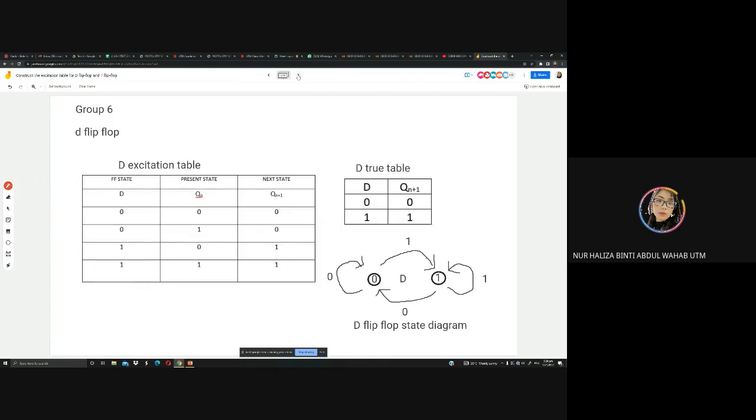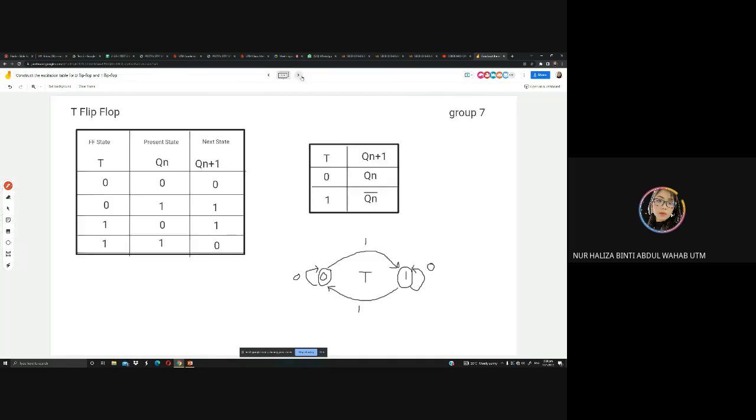For group number 6, D flip-flop, whatever is similar to your next state, you're going to copy back to your D. That is correct. And last group, I guess, group number 7, doing T flip-flop, this is toggle, this is same, so correct.